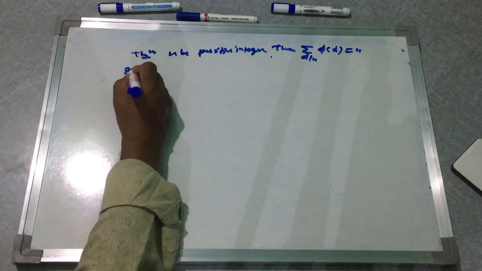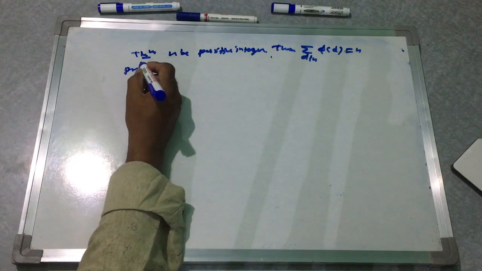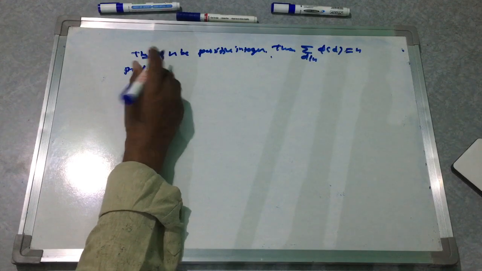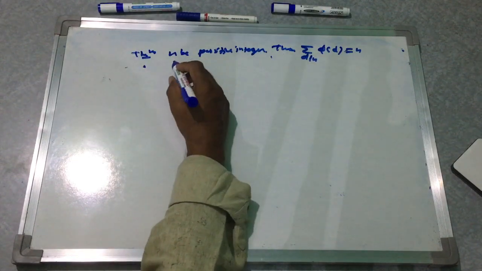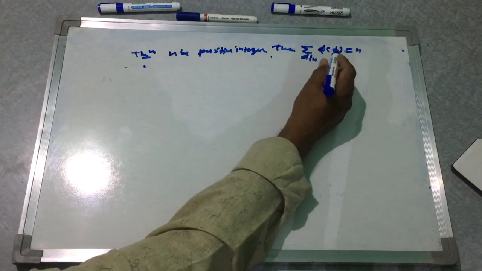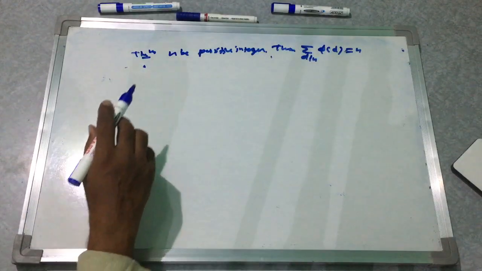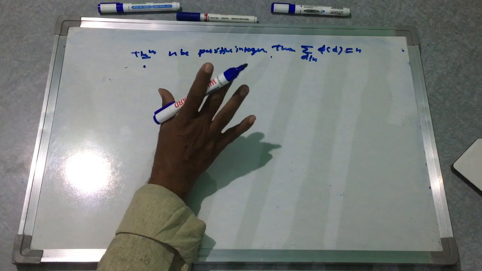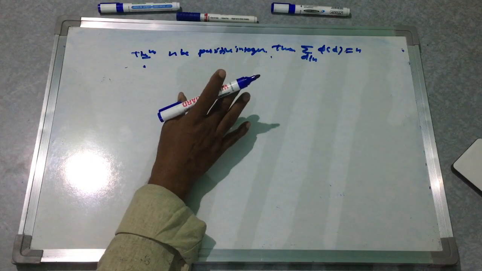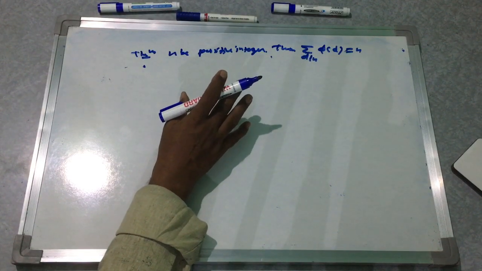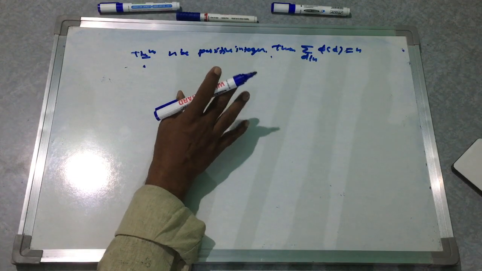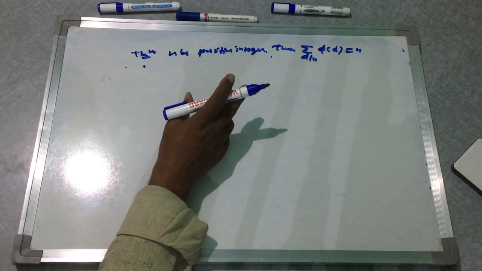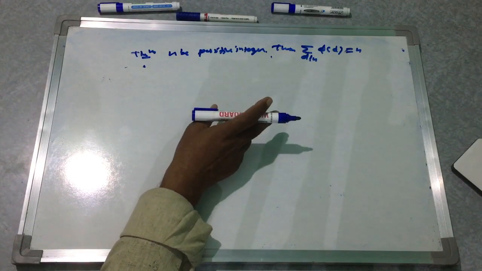So we have to see the proof. Let n be a positive integer, then the summation of this is n. In the proof, we can write the collection of set C_d equal to the set of m such that gcd(m, n) is equal to d, where m lies between 1 and n.